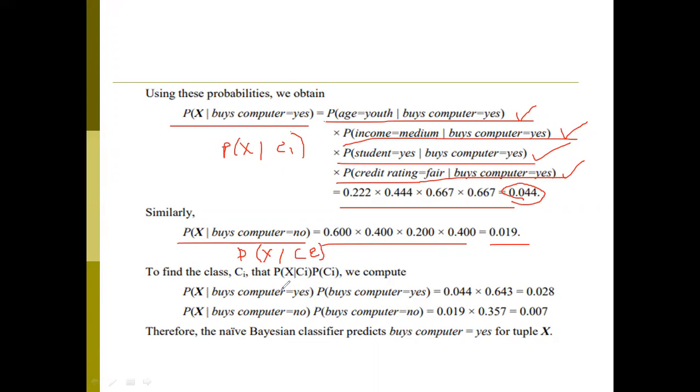Now what we have to do? Now we can substitute these two values in this formula.